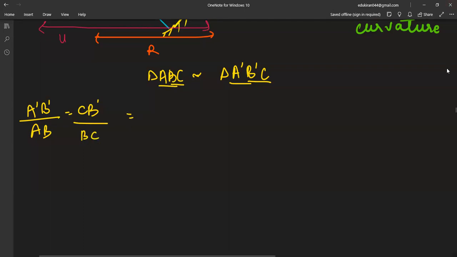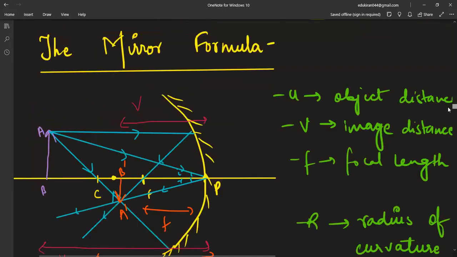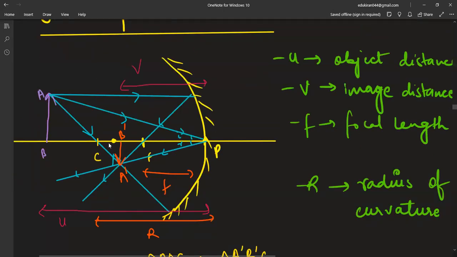Now, what is this further equal to? See, what is CB dash? CB dash is ultimately CP minus B dash P. Look, this is CP minus PB dash.